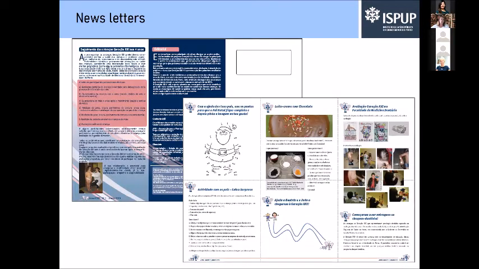But we also do newsletters where we usually reflect the main results from the different waves of the evaluation. Some of them target more the parents, while others are more focused on the children, and we also provide activities for them and try to make the communication of the results easier.